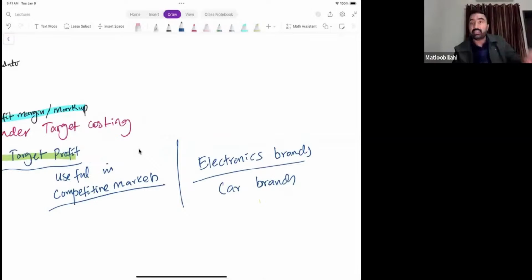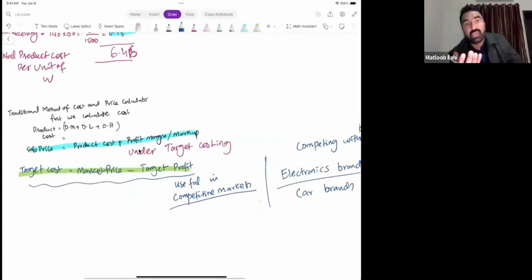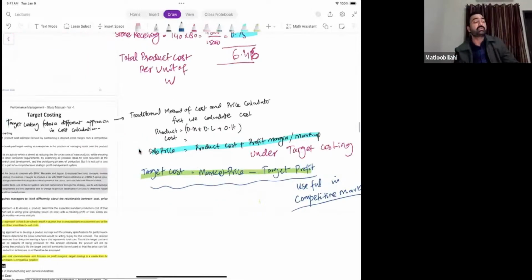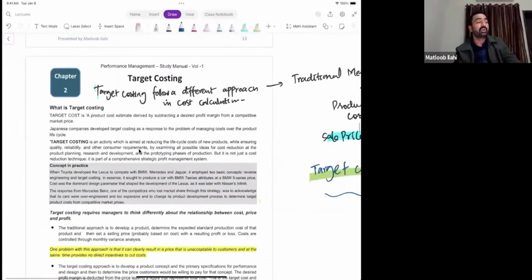They are competing with each other, so their conventional cost calculation method may not help them unless they follow an out of the way approach, and that is called target cost. I hope you have understood the basic equation or the basic method of cost calculation, which is called target cost.